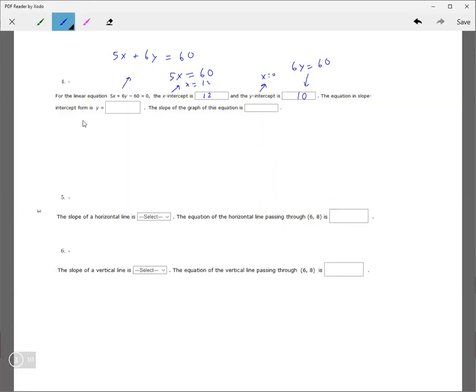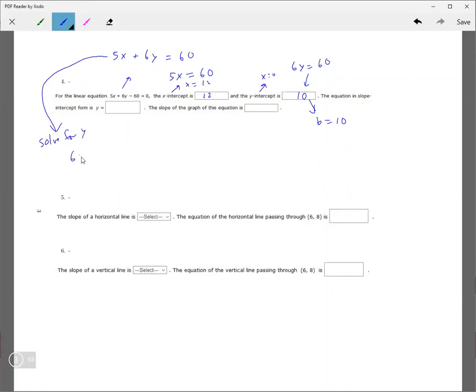Now, the equation in slope-intercept form. The y-intercept is 10, right? So that's also b is 10. But to get slope-intercept form from another equation of a line, you solve for y.